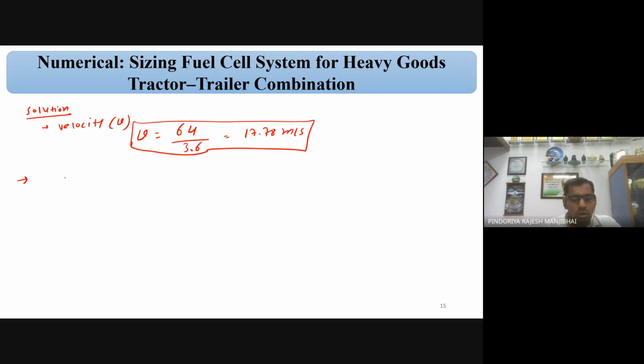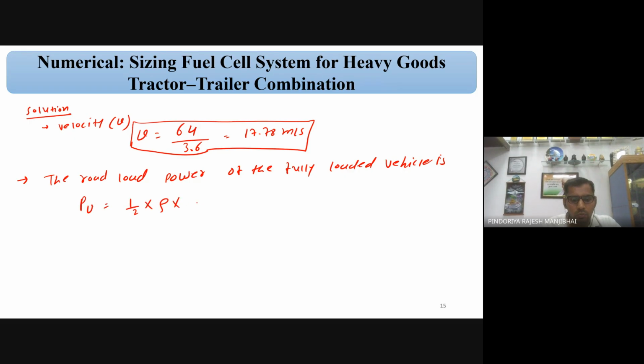Now the road load power of the fully loaded vehicle is PV equal to 1 by 2 into rho into CD into area into V cube, plus CR into M into g into V. Please remind your concept, maybe you will get this formula.